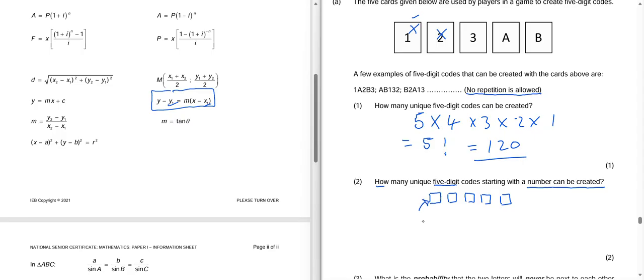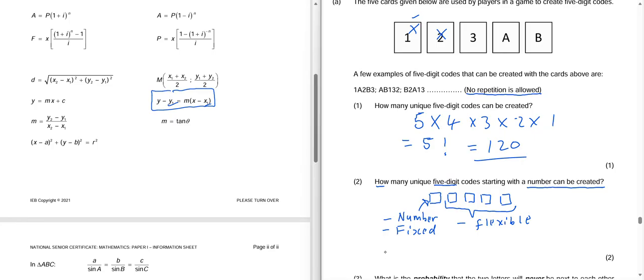This point we are saying how many unique 5-digit codes starting with a number. So that is a restriction. This position is fixed. These other positions, they are flexible. So how many ways can that happen?